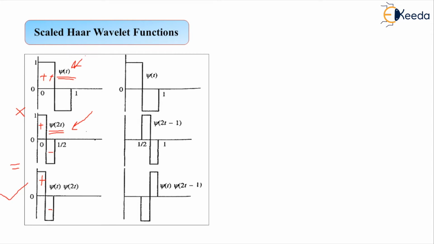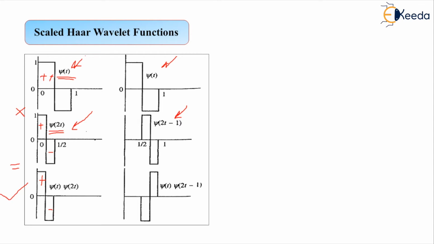When we integrate over the complete time range, we get the result equal to 0. Similarly, if you have psi of t and psi of 2t minus 1, here we have the scaled as well as the translated version.